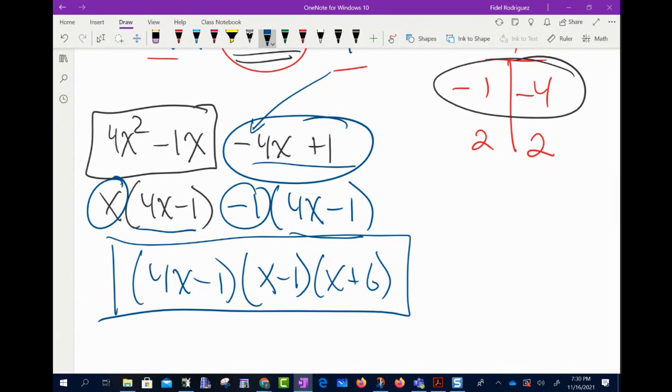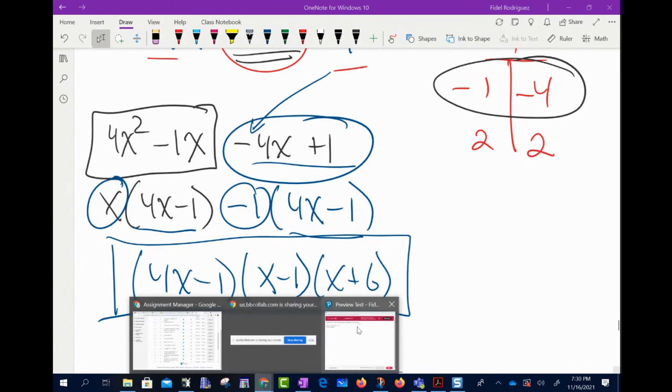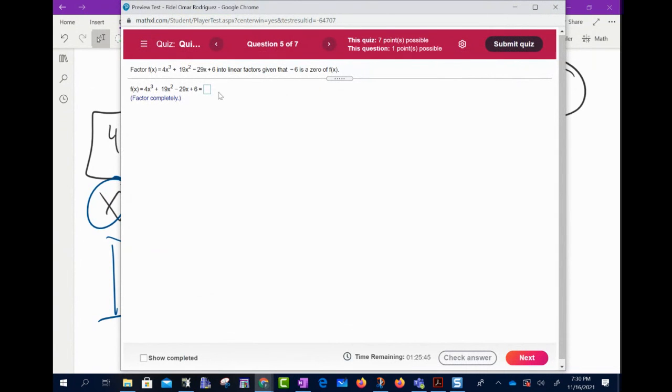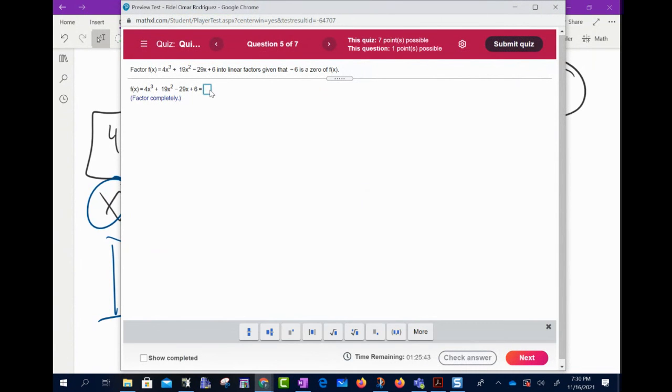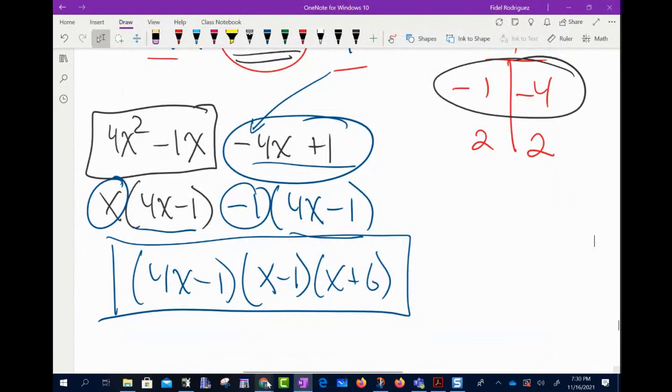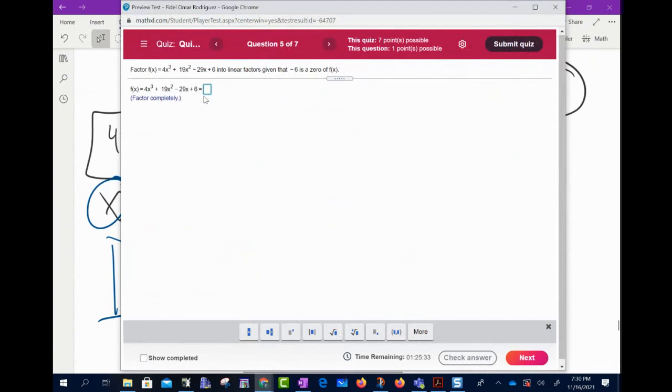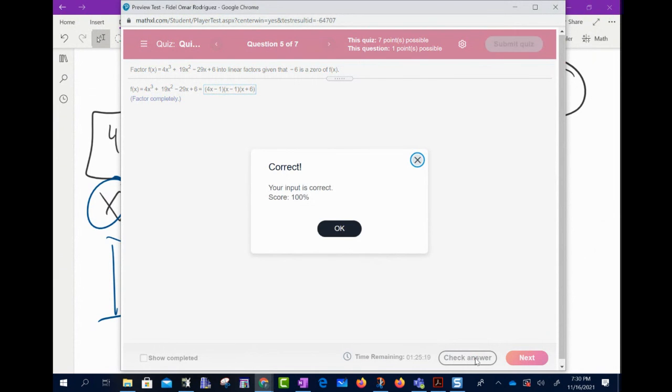So 4x minus 1, x minus 1, x plus 6. Let's see, what did I write? Yeah, 4x minus 1, x minus 1, x plus 6. So let's go parentheses 4x minus 1, x minus 1, x plus 6, like that. Boom, and we got it.